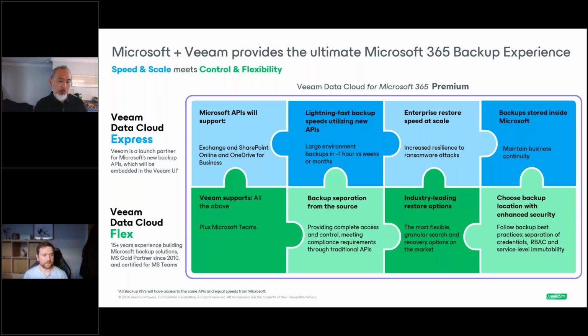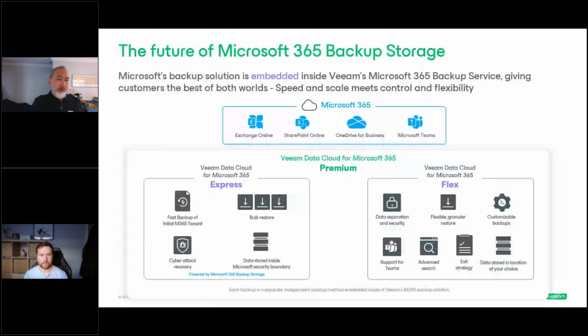Okay, and if you go to the next slide for me. Perfect. So this is to give a more comprehensive breakdown of Microsoft 365 backup storage and what that means. So we can see here on the left-hand side, Express. In summary, it's for the fast backups. We know that it's for the bulk restores.